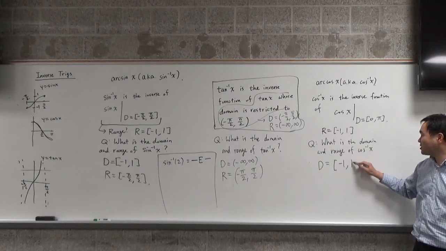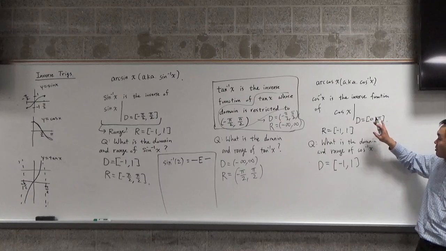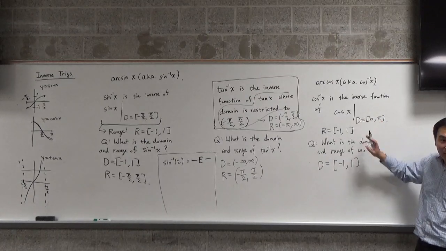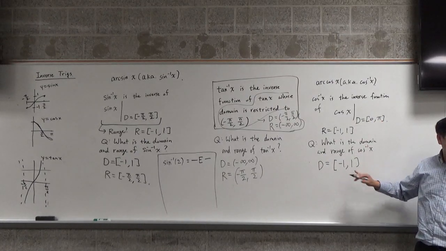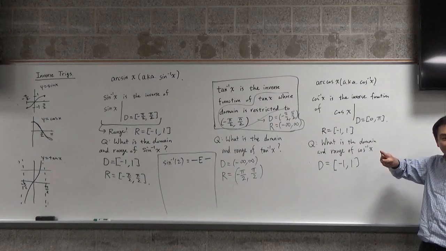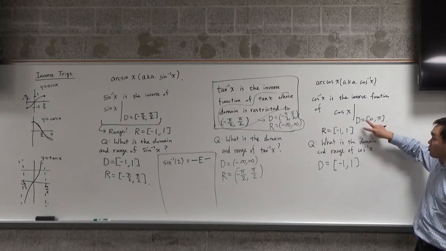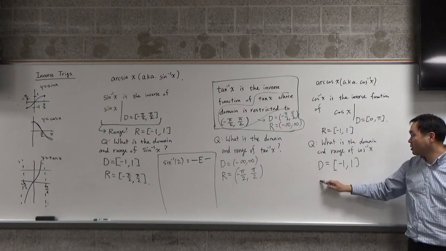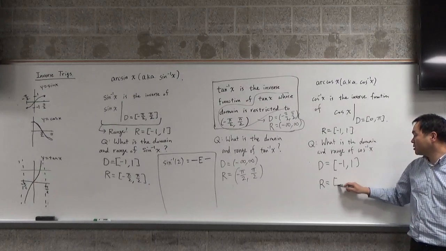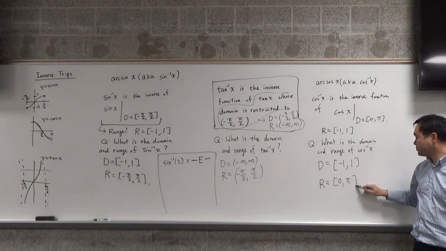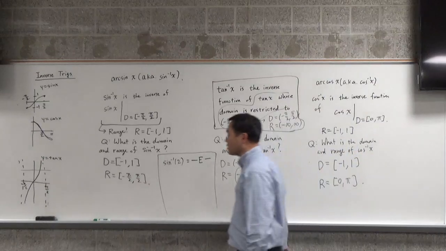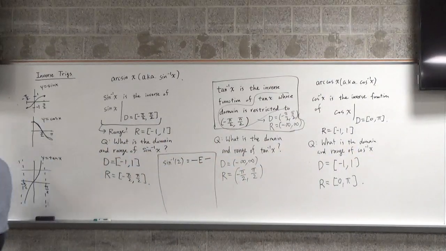Negative 1 to 1. What was the domain becomes the range, and what was the range becomes the domain, right? Because if you take the inverse function, input and output switch, which means domain and range switch. Okay. And then the range would be 0 to pi. So that kind of explains everything.